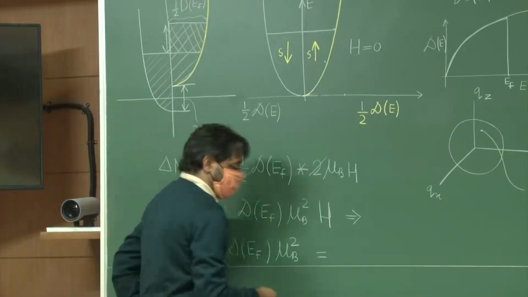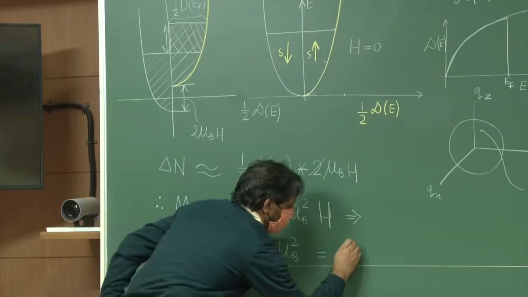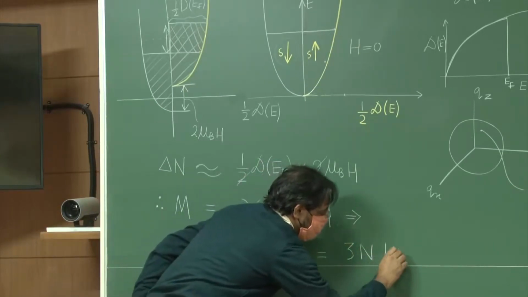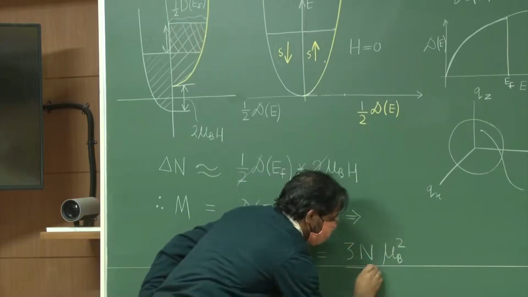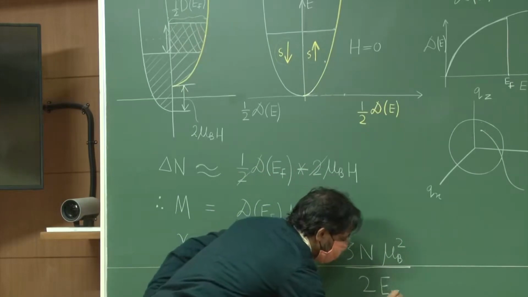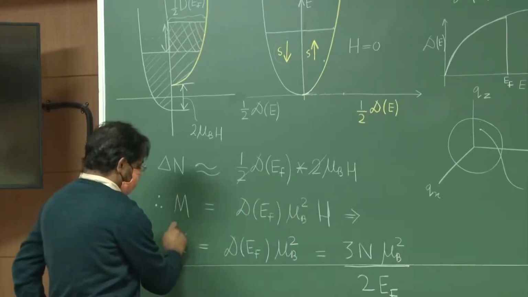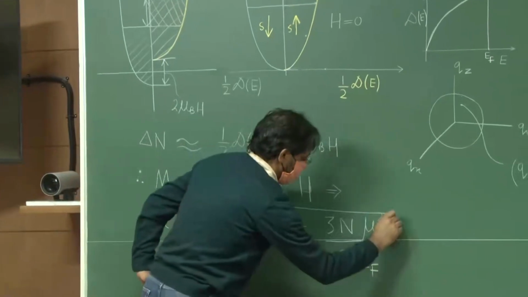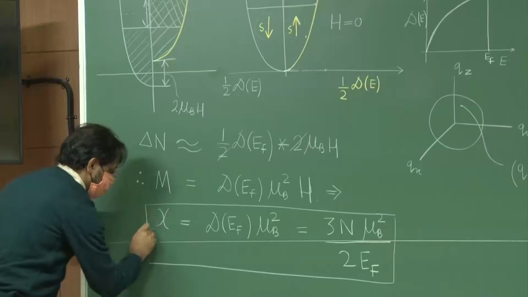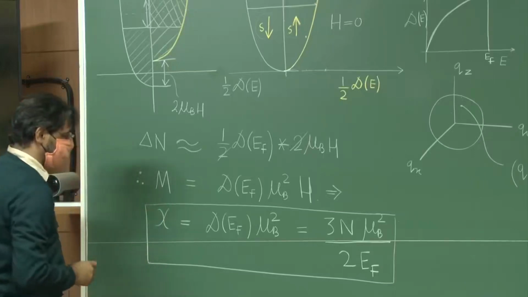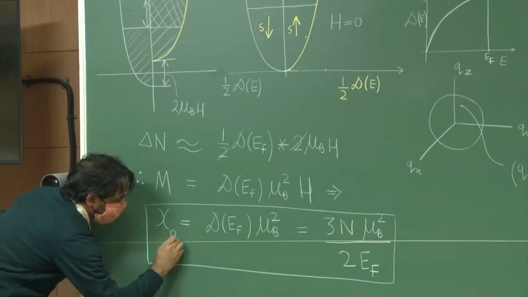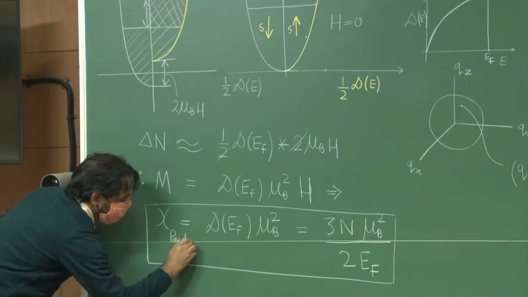We had proved this identity. So, we can plug that in over here. Then we get 3N mu_B squared by 2E_F. So, that is the expression for the susceptibility of a degenerate free electron gas, and this is known as Pauli paramagnetism, because it was first calculated by Pauli.